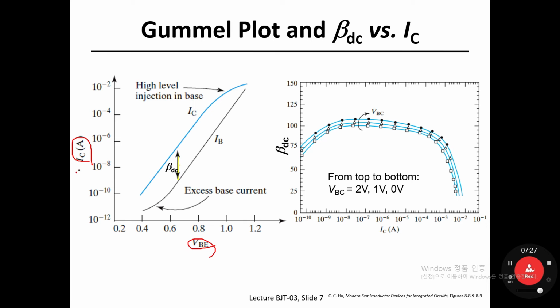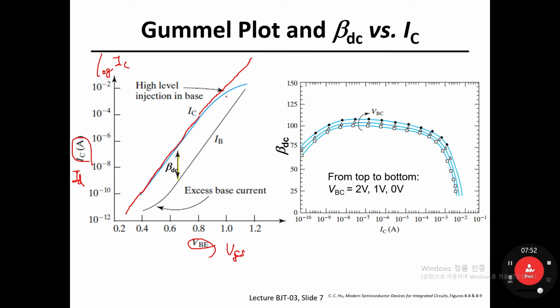The corresponding one for a MOSFET is I sub D versus V sub GS. Here I have used the logarithmic scale for output current. So if I draw the ideal I sub C versus V sub BE, then the curve should be a very straight line, all the way down and all the way up.